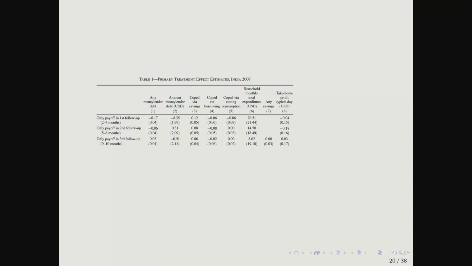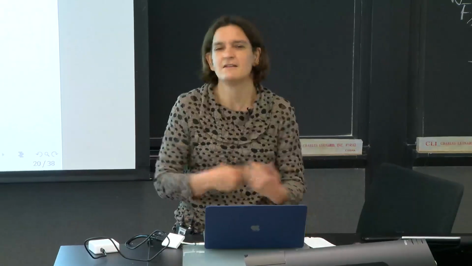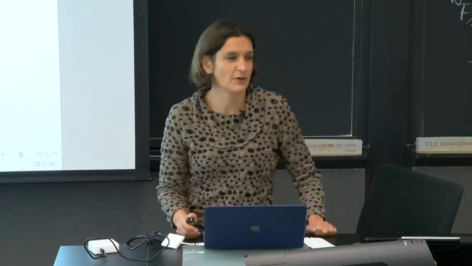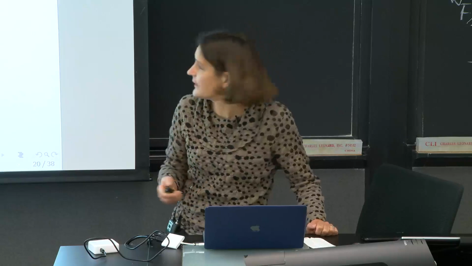So originally, of course, none of them has debt. 2 to 4 months later, they still don't have debt, but then it kind of goes away. So the fallout is relatively quick. It's not instant, as in they immediately blow it in a big party, the 3,000 rupees they were given, but it's frittered away fairly quickly.